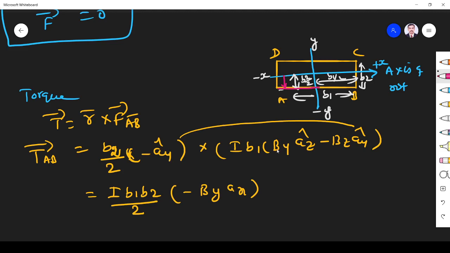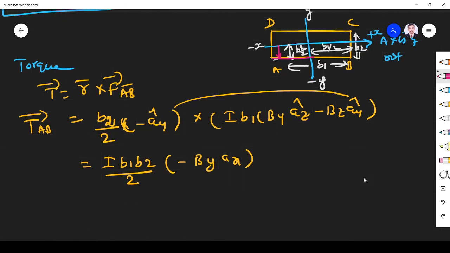That's what minus AY, right? So please remember, I think I make some minor mistakes. Okay, so next you see AY cross AY 0. So now AY cross AZ is AX, B1, B2, I minus. Okay, so simple.